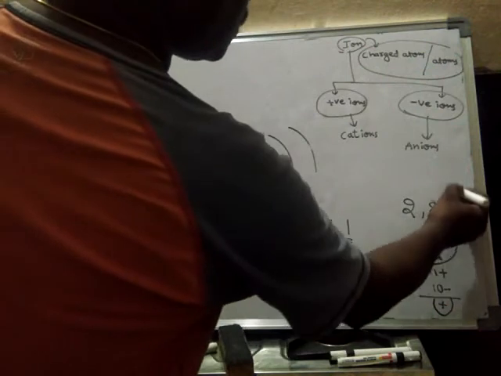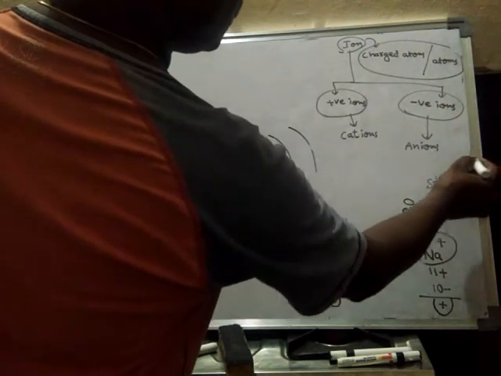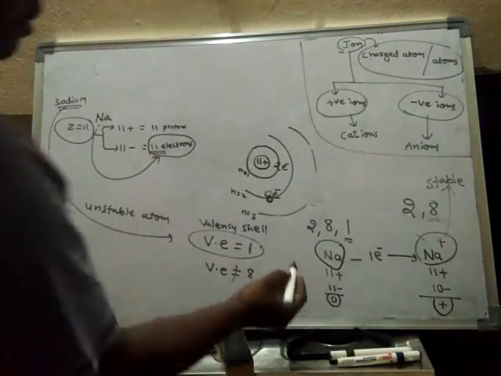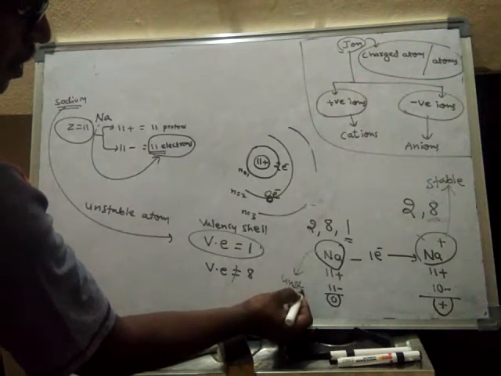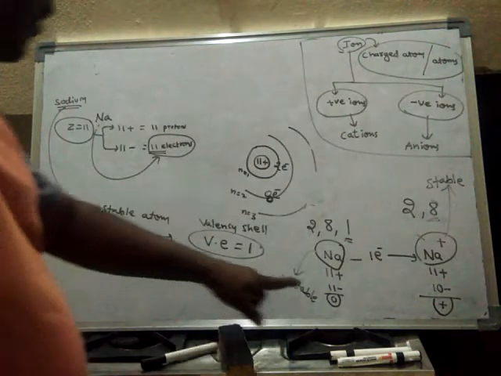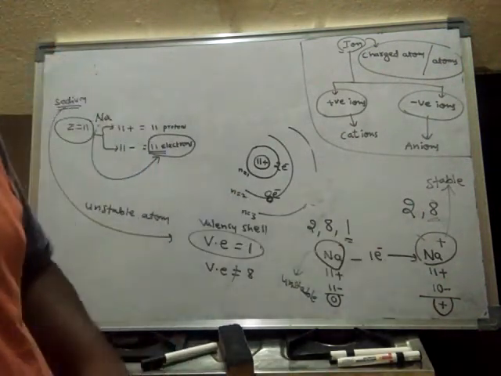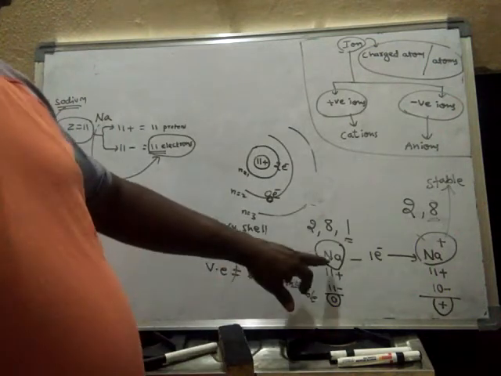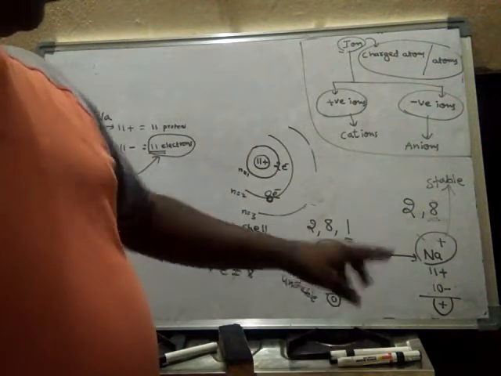Hence, this is stable. Before that, it was unstable. So the unstable atom has become a stable atom, or a stable ion. In this way, an unstable particle becomes a stable particle after losing an electron.